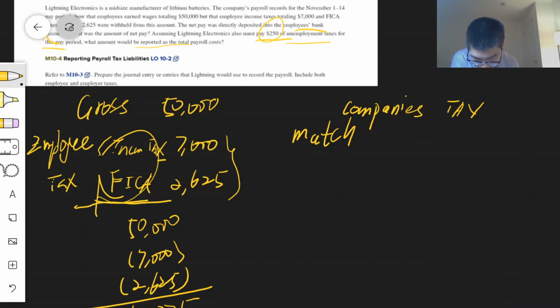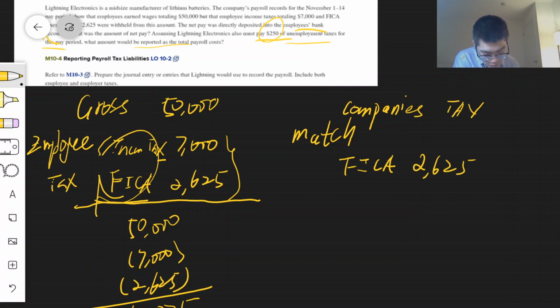So that means if the employee is paying $2,625 of FICA tax, the company itself has to pay a FICA tax of $2,625 as well.